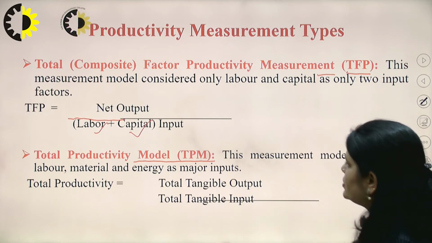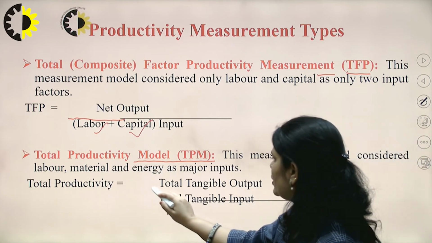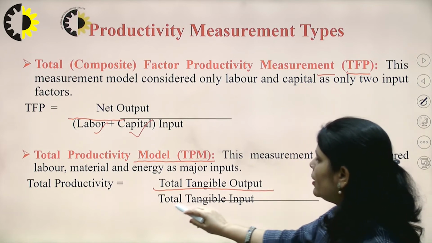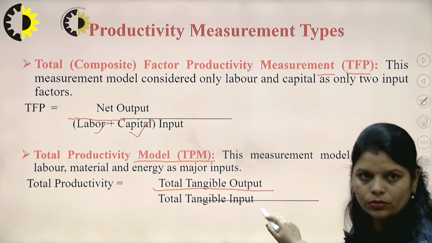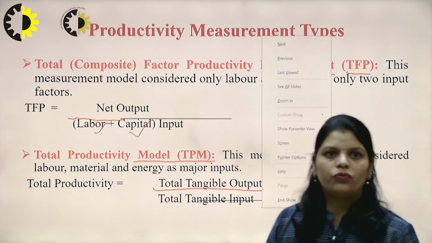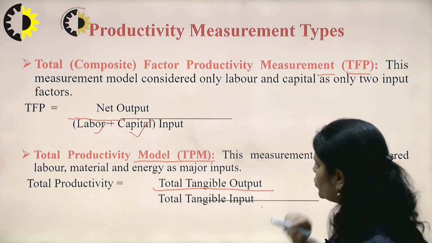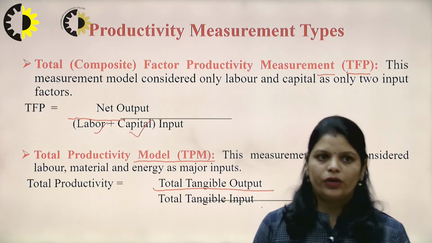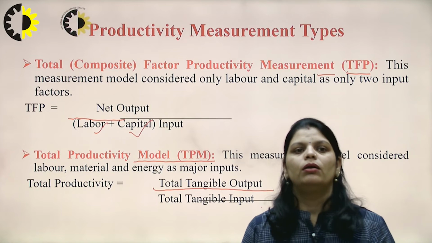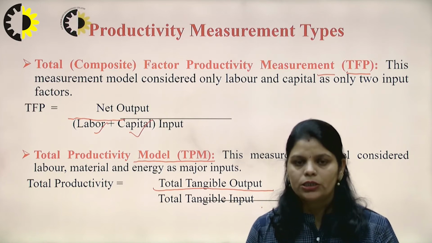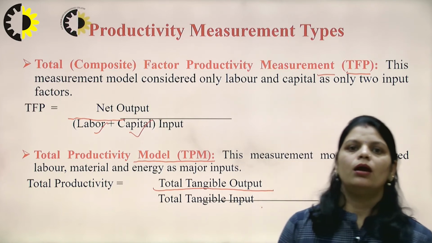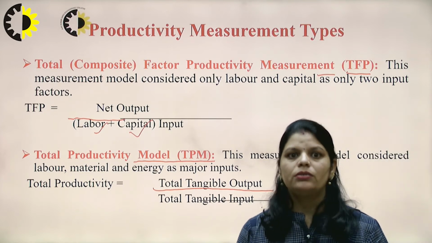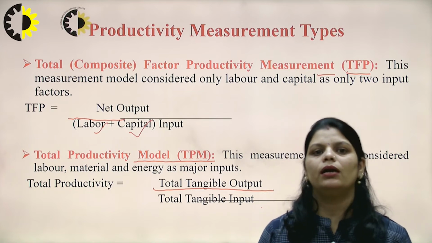So we can say that the total productivity is equal to the total tangible output divided by the total tangible input. Clear? So what is the tangible output here? Tangible outputs are like the value of the finished units produced plus partial units produced, clear, or dividends from securities, interest from bonds and other incomes.